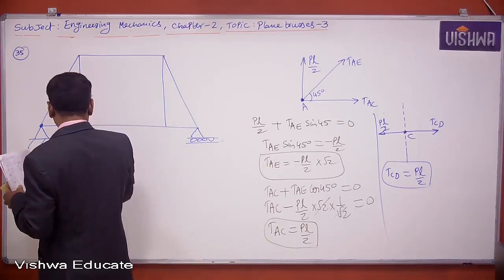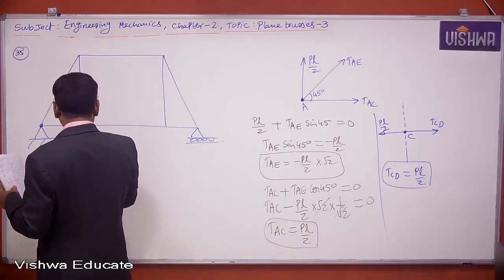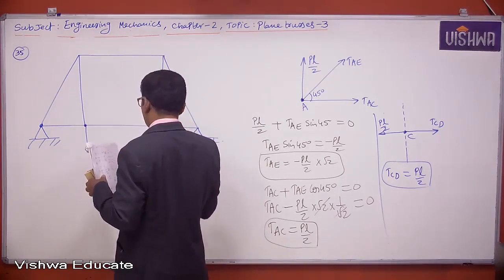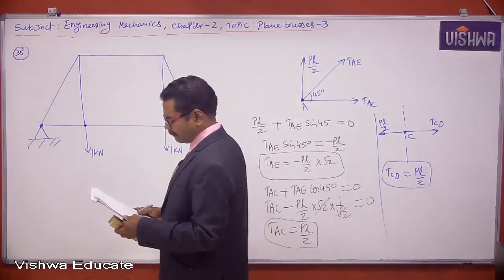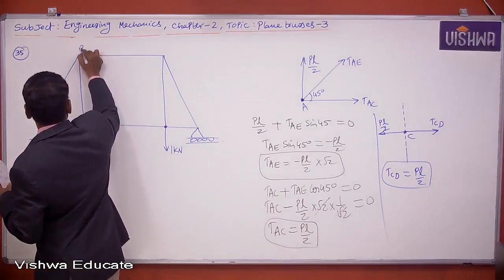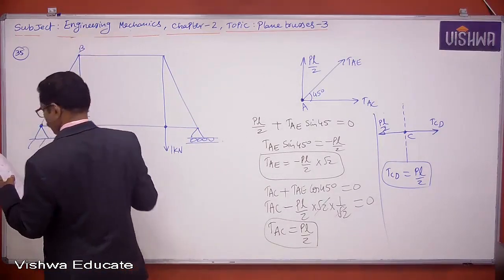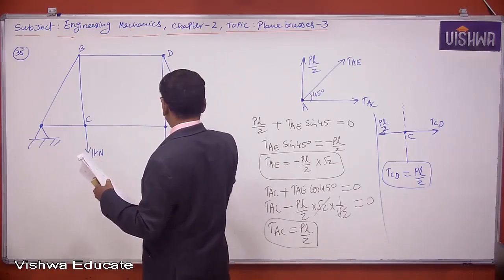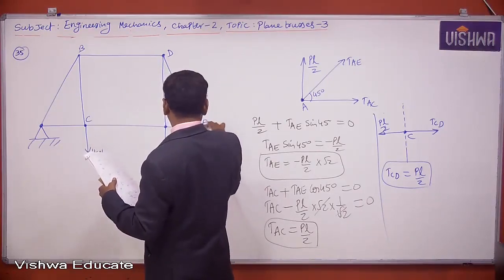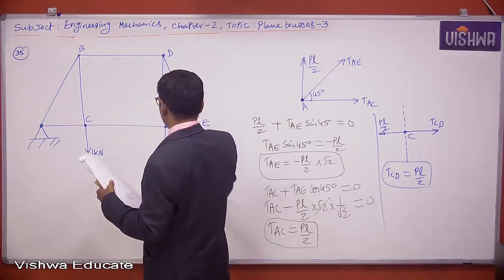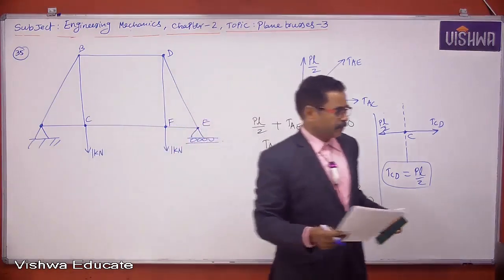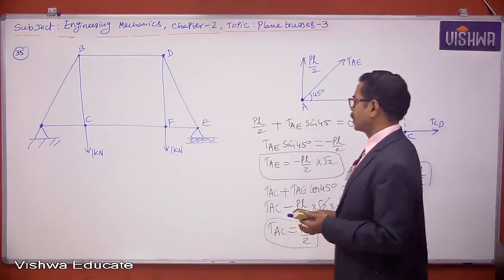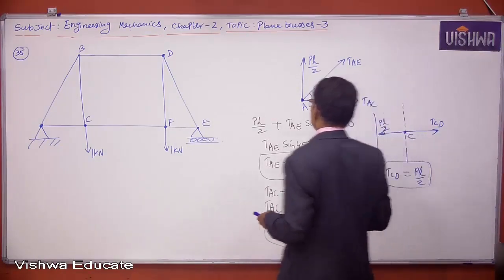Here a force of 1 kilonewton is acting. This is B, this is C, this is D, this is E, and this is F. Refer to problem number 35.